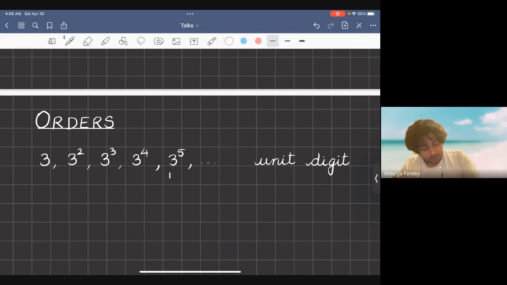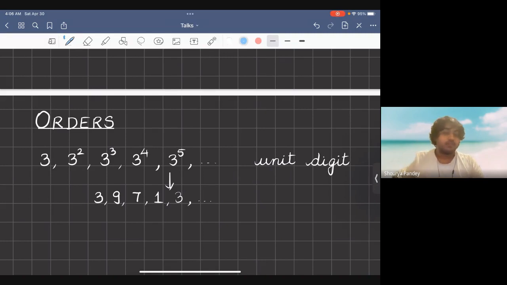The unit digit is 3, 9, 7, 1, 3, and the pattern repeats. So mod 10, it has this period 4.